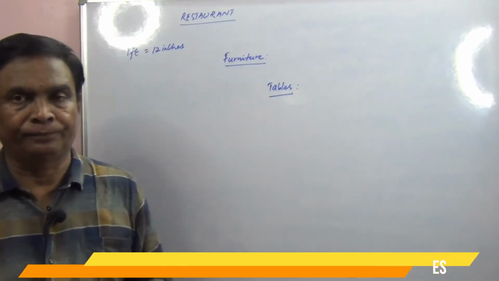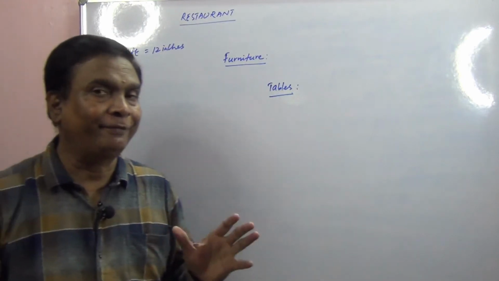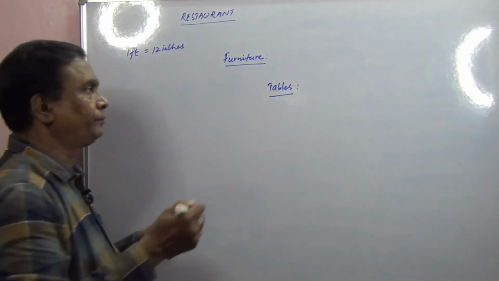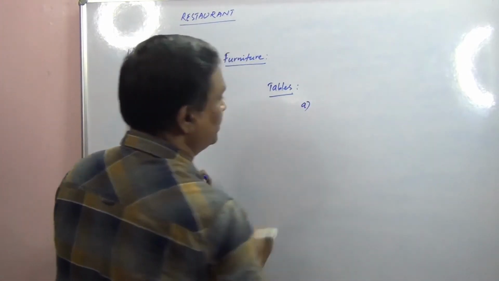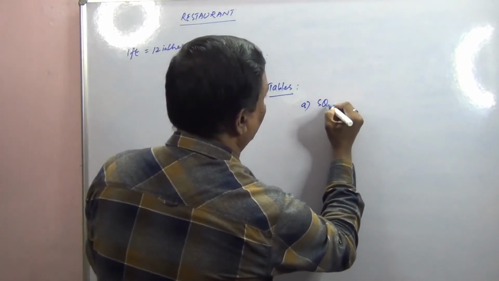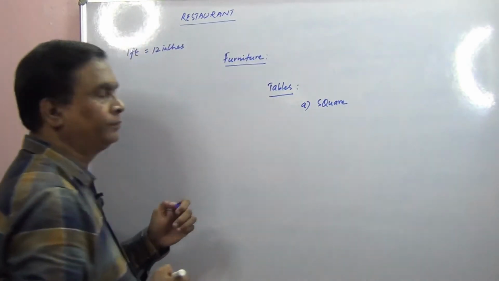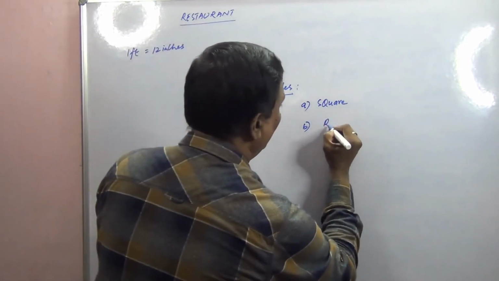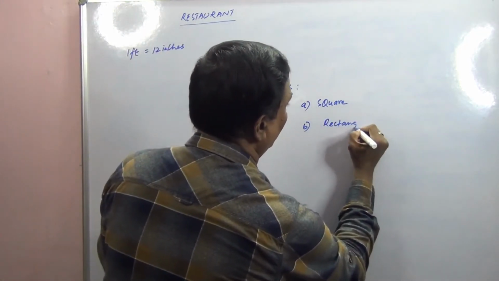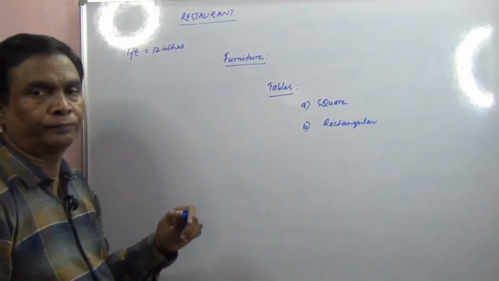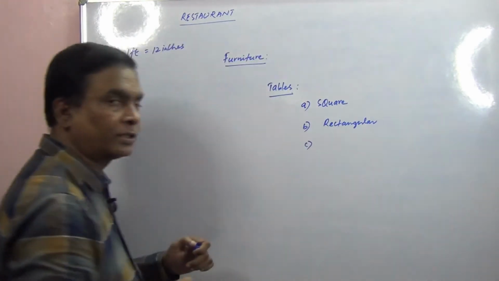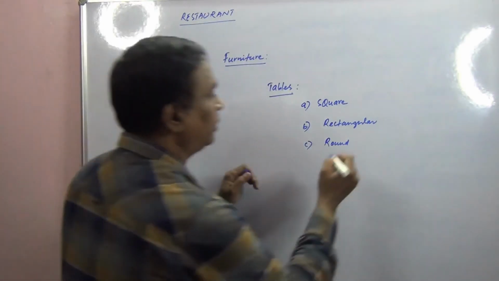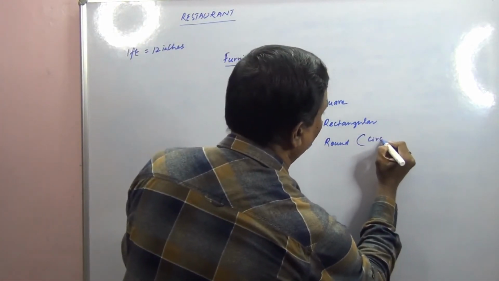Mostly in any restaurant 3 different types of tables are used, and they are: first one is square, second one is rectangular, third one is round, or you can also call it circular.